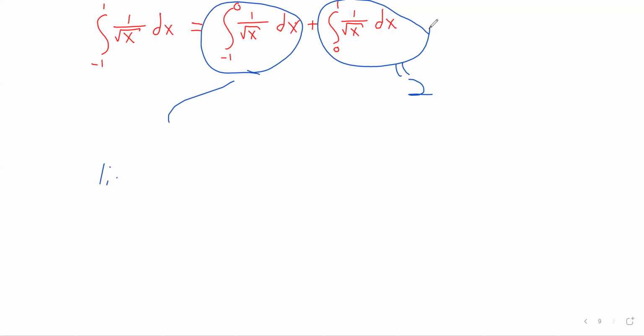Here, the limit as n goes to 0, what am I doing?